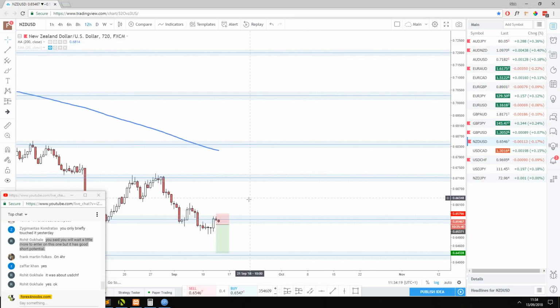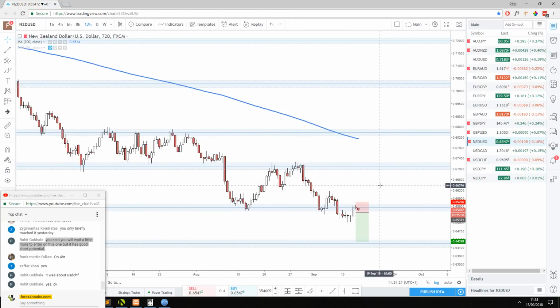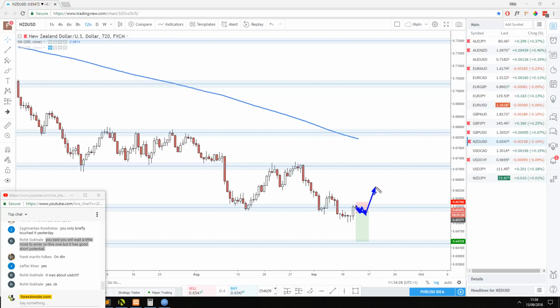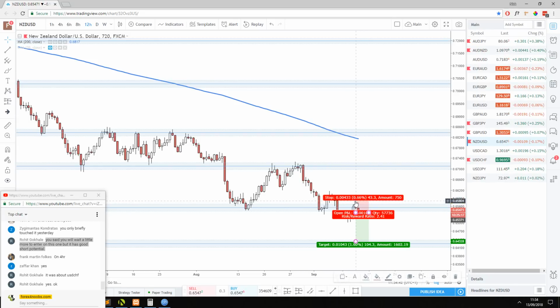I have a relatively tight stop loss, but I do believe also that if it fails to get below here soon, it's probably going to be turning around and going back up. So that's why I have a pretty tight stop.